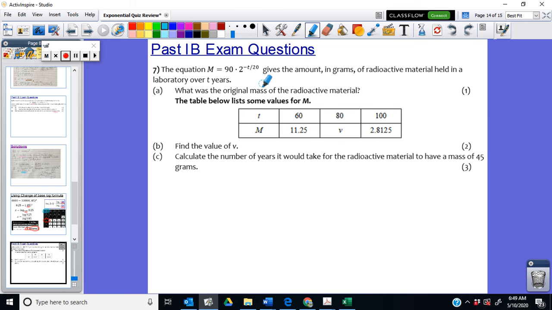So what was the original mass of the radioactive material? 90 grams. And then they give you a table of values. And notice that we're missing one of the y values, the mass values. So in order to find it, we need to plug in 80. And then in part C, we have to work backwards again. So let's take a look at those solutions.